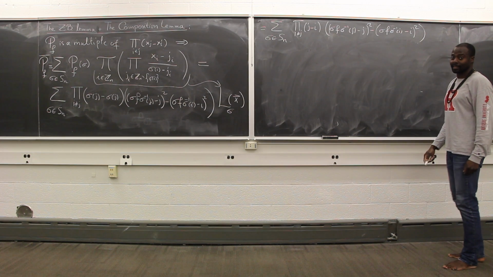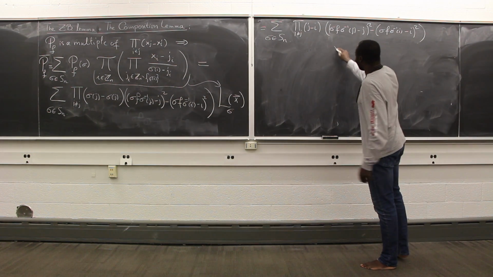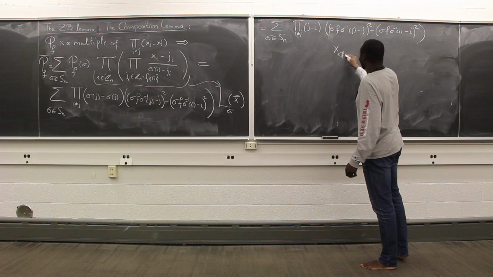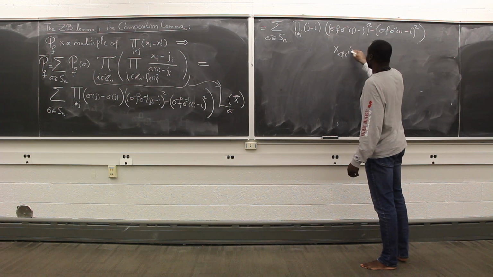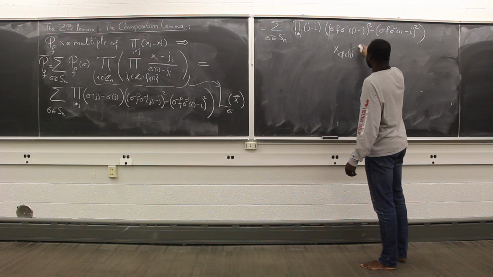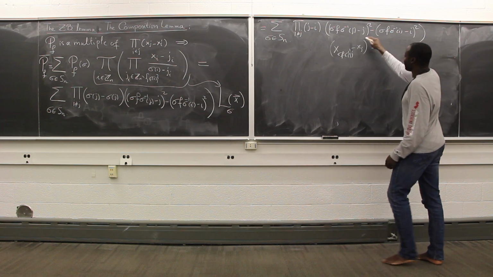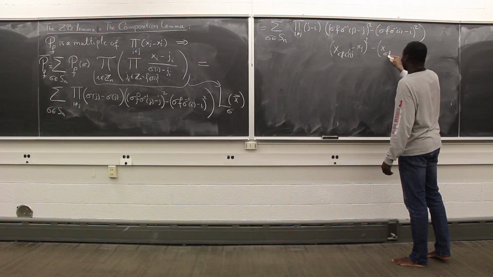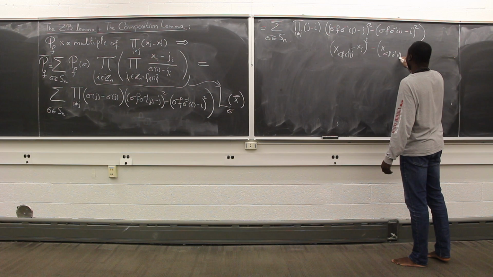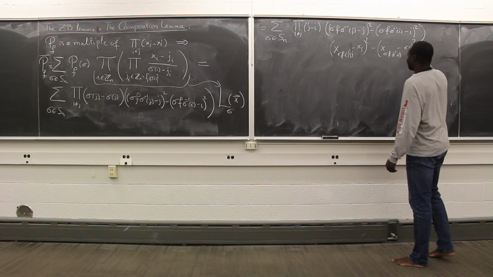This is as if I'm evaluating X sigma F sigma inverse of J minus Xj squared, and here X sigma F sigma inverse of I minus Xi squared.